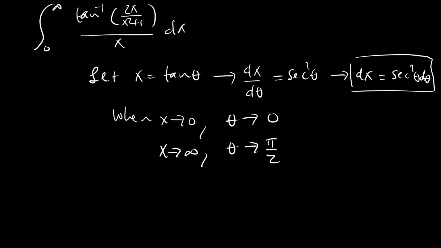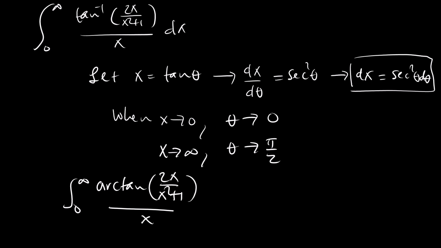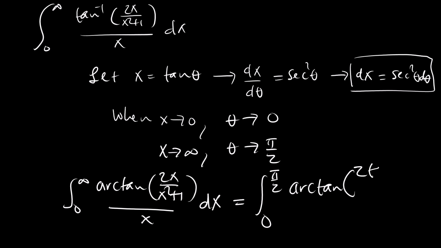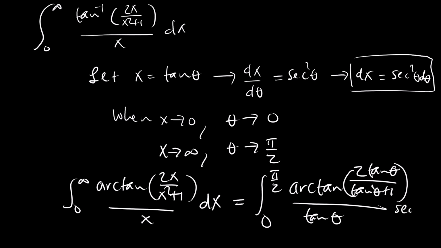And so our problem would be equal to the integral from 0 to pi over 2 of arctangent of 2 tan theta over tan squared theta plus 1, over tan theta, times sec squared theta.